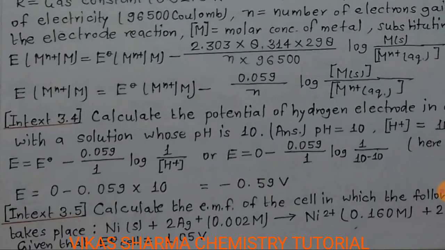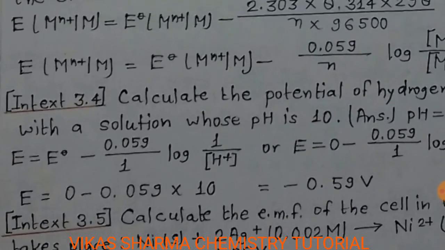In the Nernst equation, E equals E° minus 0.059 divided by 1, because 1 electron is gained or lost. Log of 1 over H+, because the concentration of anode is 1 and the concentration of cathode is H+. The standard electrode potential of the hydrogen electrode, SHE, is always 0.